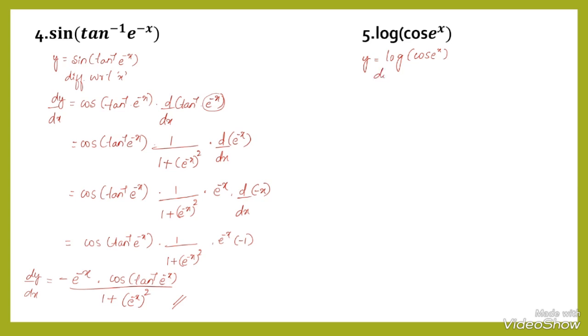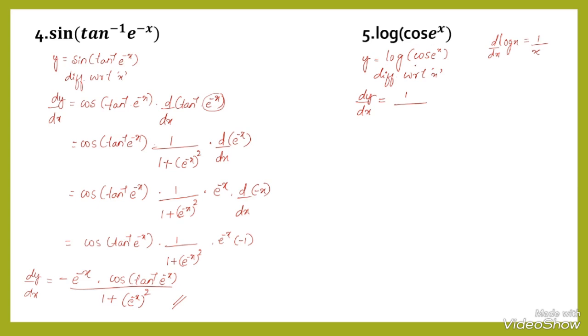Now I can differentiate with respect to x, that is dy by dx is equal to differentiation of log function. Differentiation of log x will be 1 by x. Here first I can differentiate log function, that is 1 divided by x.